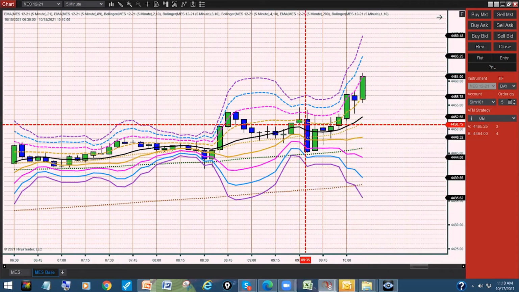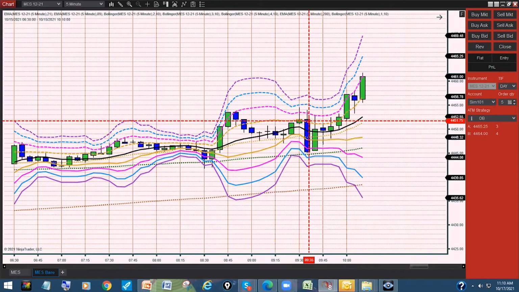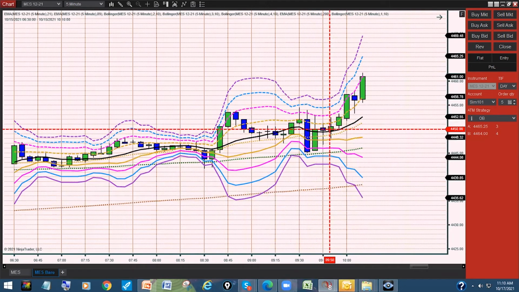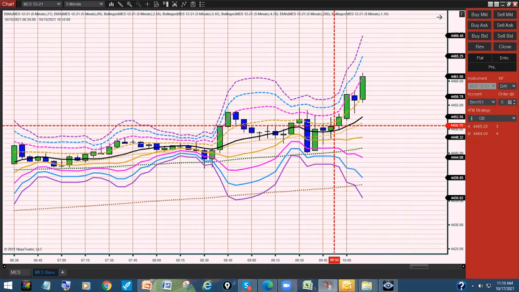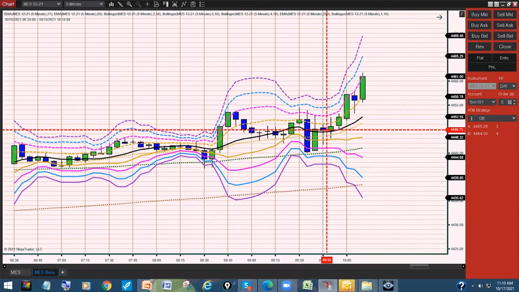This is opening bell right here at 9:30. Opening bell sort of went back and forth, didn't have much of an effect. But shortly after opening bell, all the candles had their price action above the mean.